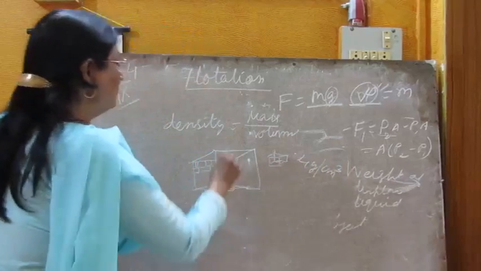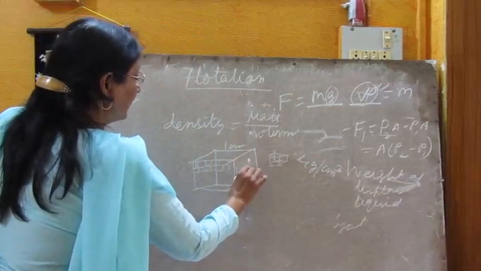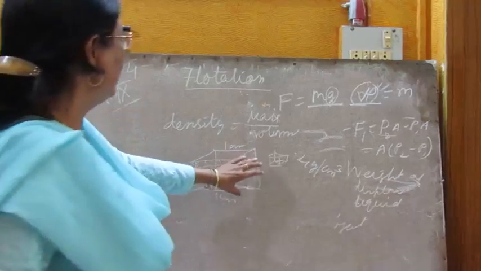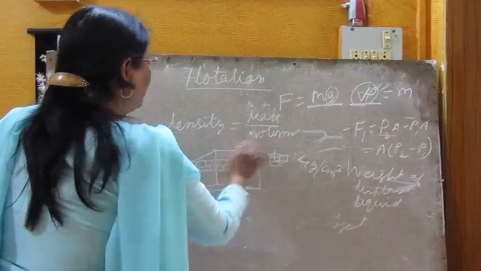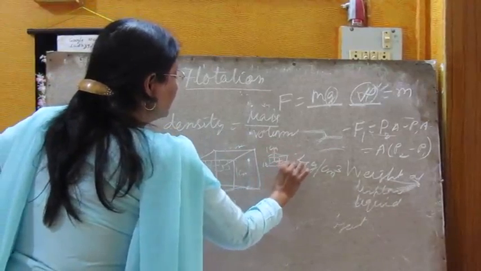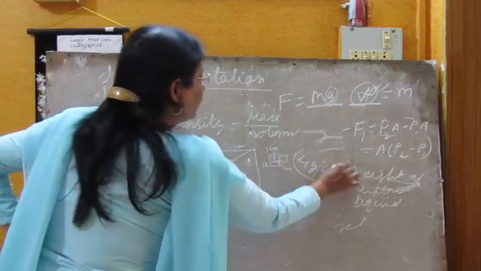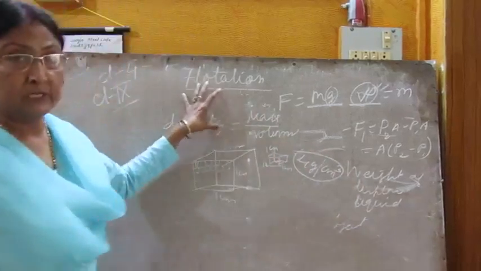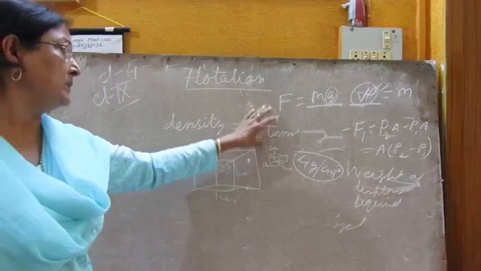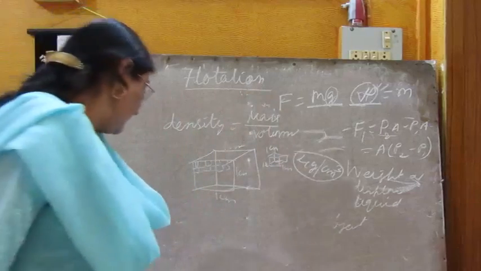Because it is 1 centimeter length, 1 centimeter breadth and 1 centimeter height. So this is called the density of the object. The definition of density is mass per unit volume. In unit volume, how much mass is there? This is called the density.